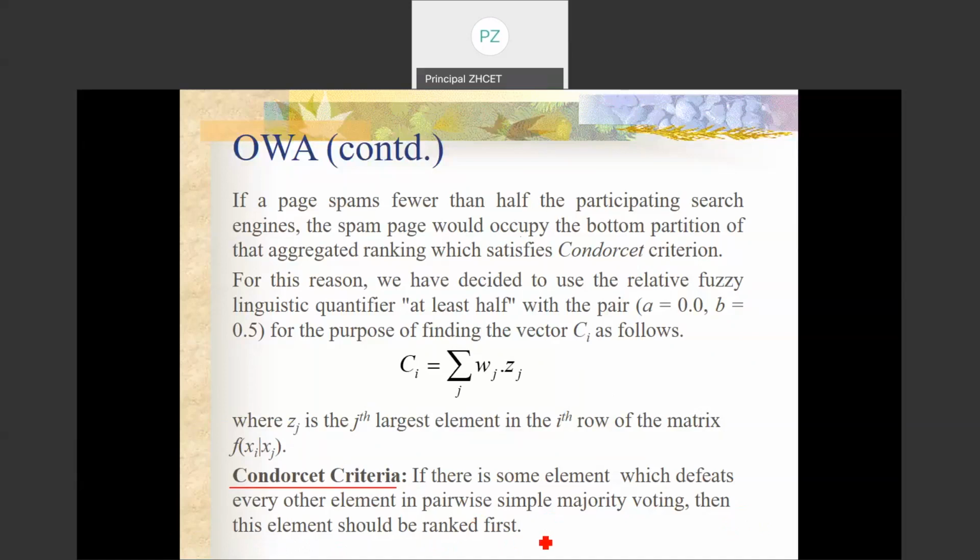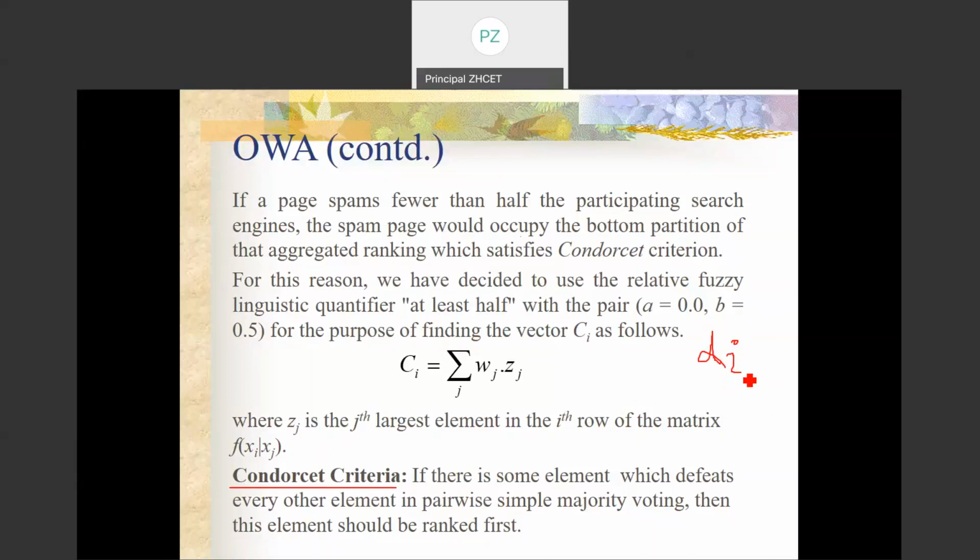Suppose there is a document DI, right? Now, when I compare document DI with document D1 across all the lists, if it is performing better in the majority of the lists, suppose there are 5 lists, 3 lists are such that DI is occurring ahead of D1.